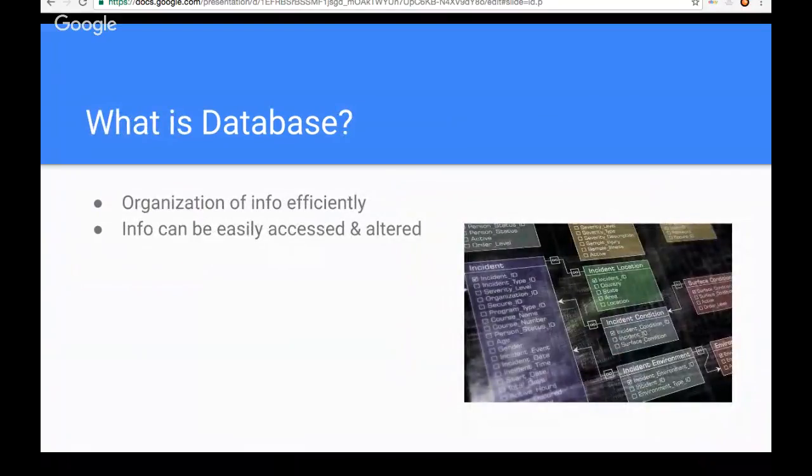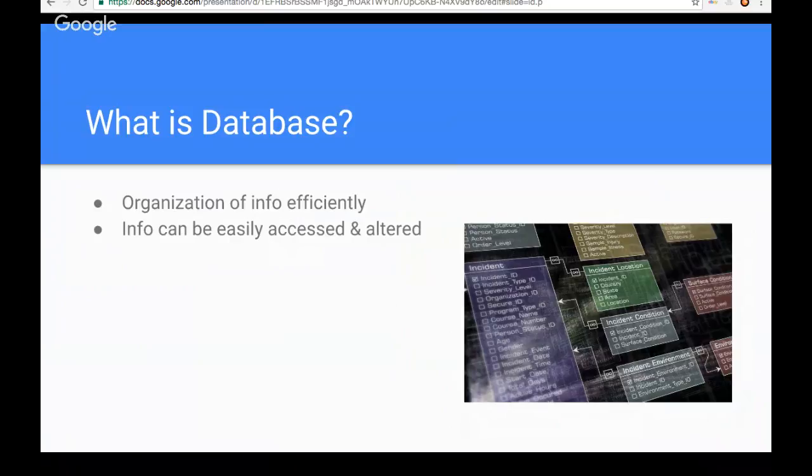So what is a database? According to whatis.com, a computer database is, quote, a collection of information that is organized so that it can be easily accessed, managed, and updated. So essentially, computer databases organize information efficiently, and the information can also easily be accessed and altered at will.